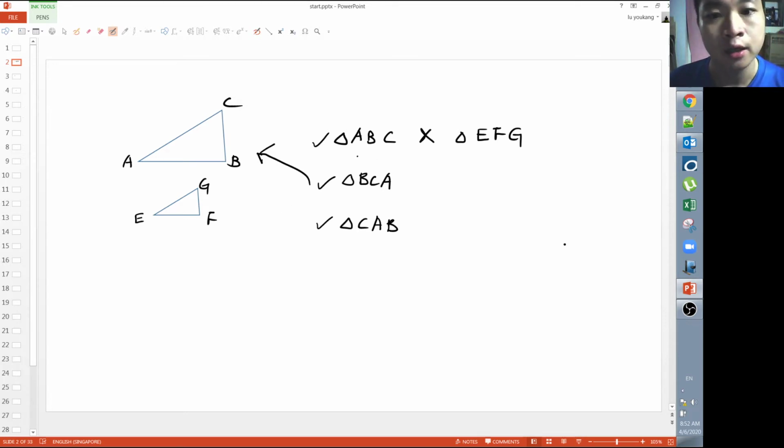Right now, we are talking about what the conditions are to prove similarity between two triangles. So let me continue.